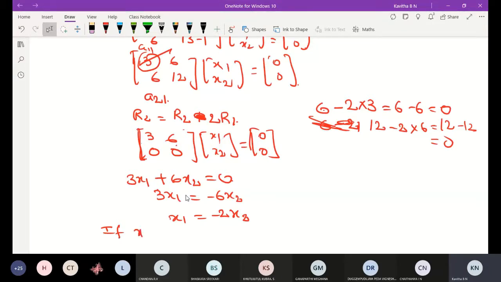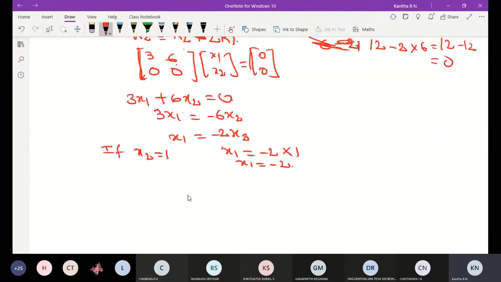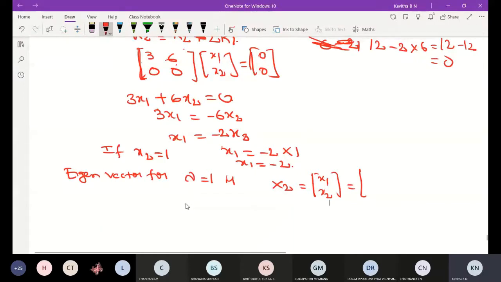Then the eigenvector for lambda is equal to 1 is capital X2 is equal to x1, x2, which is nothing but 1 minus... x1 is minus 2 and x2 is 1. Okay, x1 is minus 2 and plus 1.